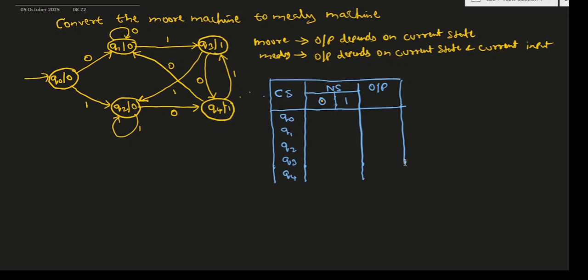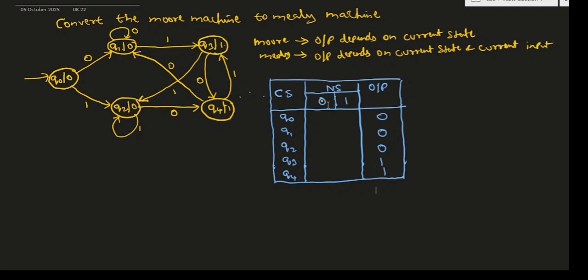First check the outputs. Q0 has an output of 0, Q1 has 0, Q2 has 0, Q3 has 1, and Q4 has 1. After the slash, whatever you find in the state is the output.